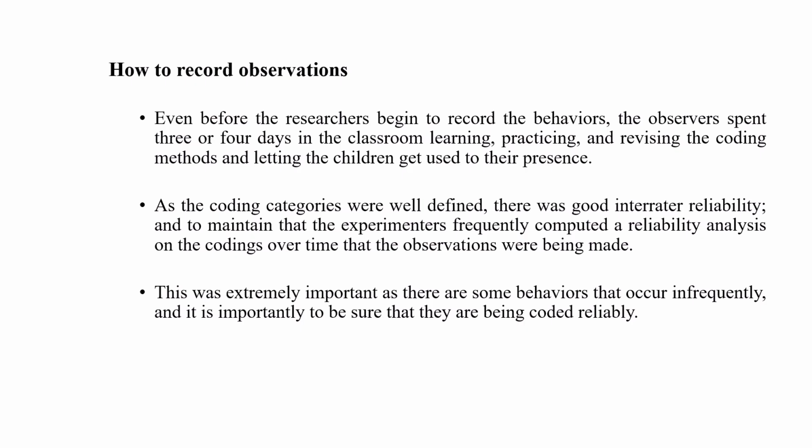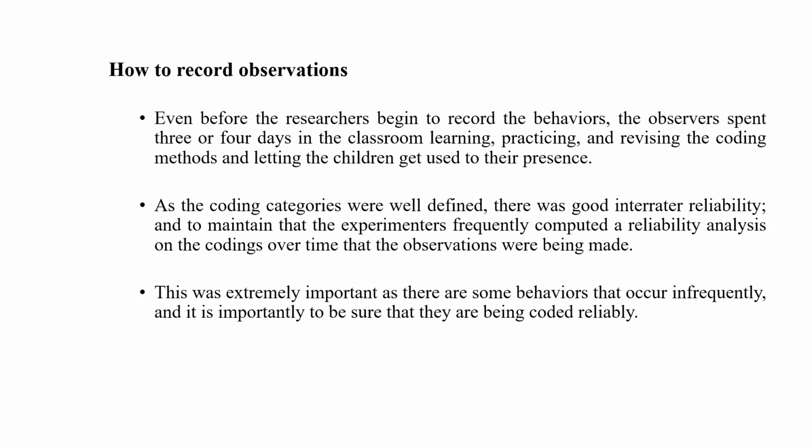Okay, there is practice, there is something that you have sort of said, okay, when I was spending time with these children, I saw this, and then the researcher will say, okay, out of the 10 things you have listed, 4 are important. All right. As the coding categories were well defined in this Pomerantz and colleagues study, there was a very good inter-rater reliability.